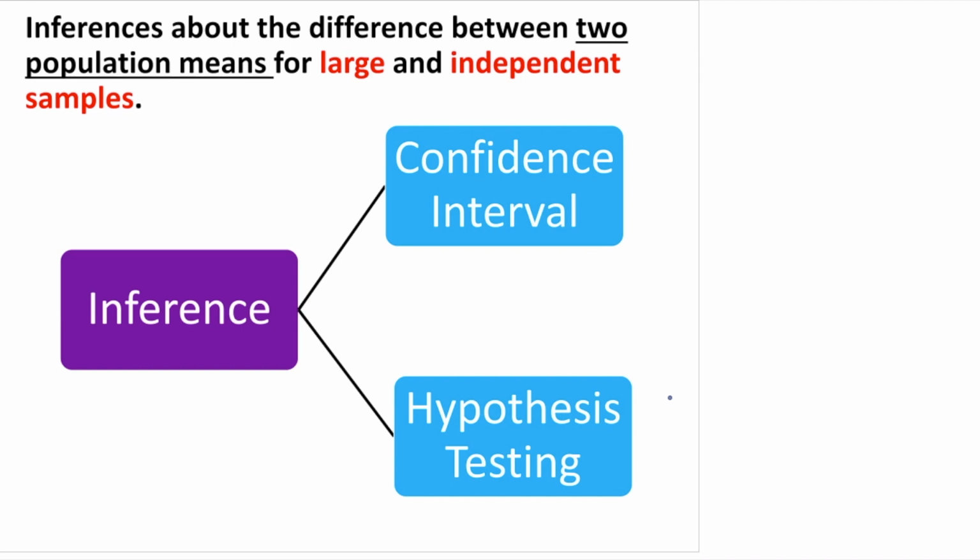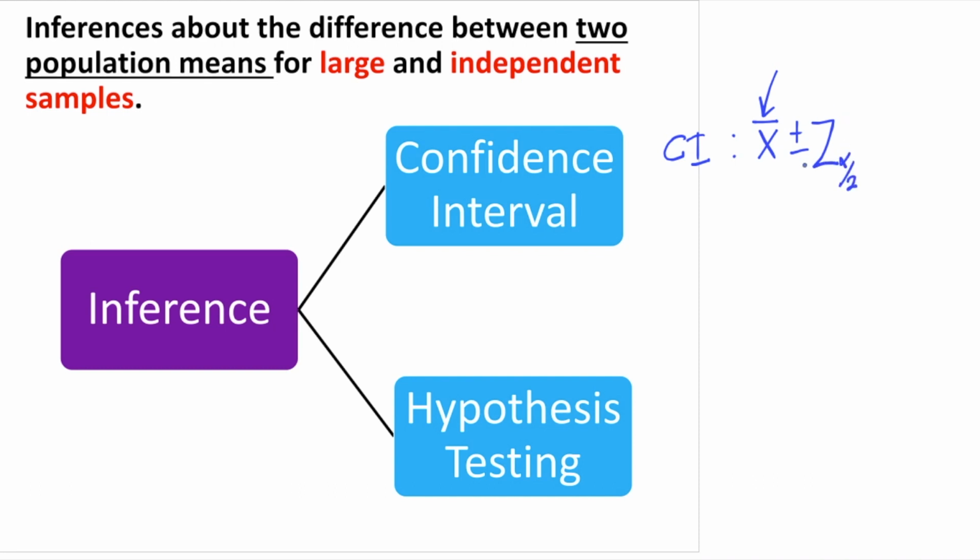In the previous videos and during class, we've discussed creating confidence intervals and conducting hypothesis testing for one sample mean. If you still remember, the formula for your confidence interval for one sample mean is x bar, where this is the point estimate, plus minus z.